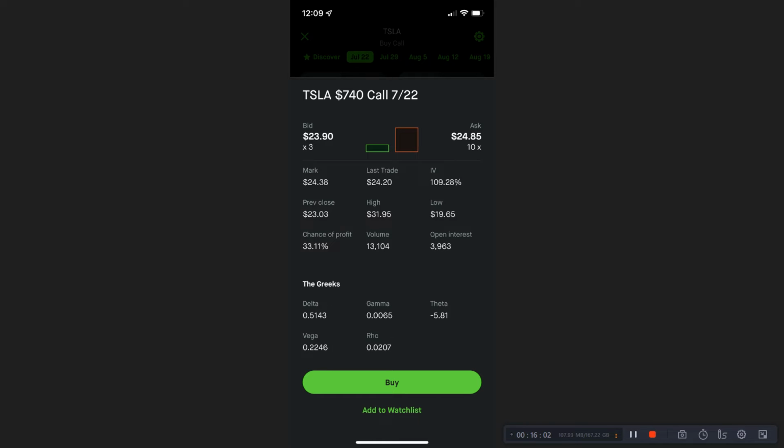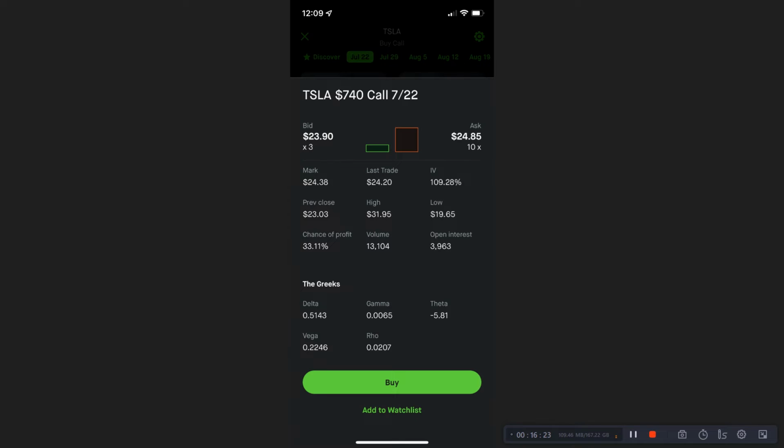The only thing I really don't like is that it had really high implied volatility. So that means the price right now, earnings was today, 7:20, and this call was a bit inflated because it had a really high IV.